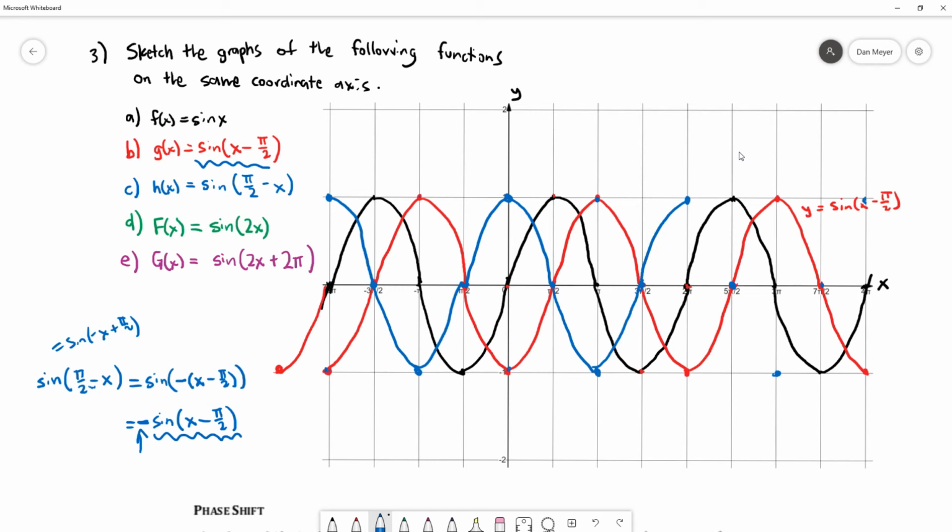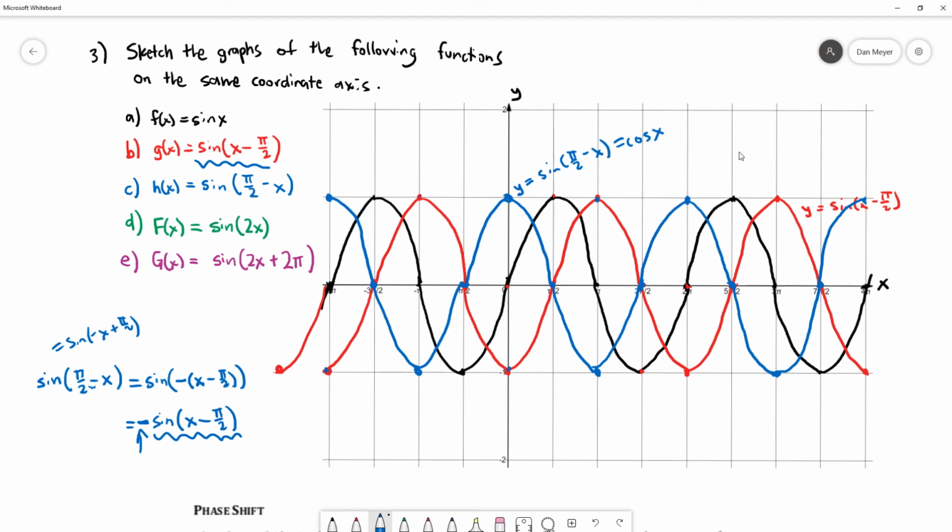Now, if I were doing this on Desmos or some other graphing software, I would erase the red and black curves at this point and ask you, what is this blue curve? What graph does this blue curve correspond to? And of course you would say y is equal to sine of pi over 2 minus x, but then hopefully you would also recognize that it's the graph of cosine of x.